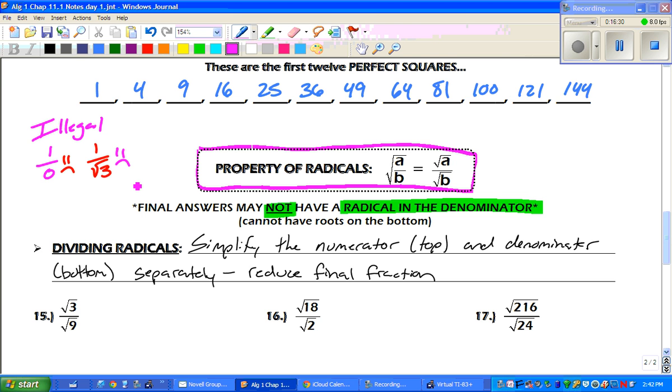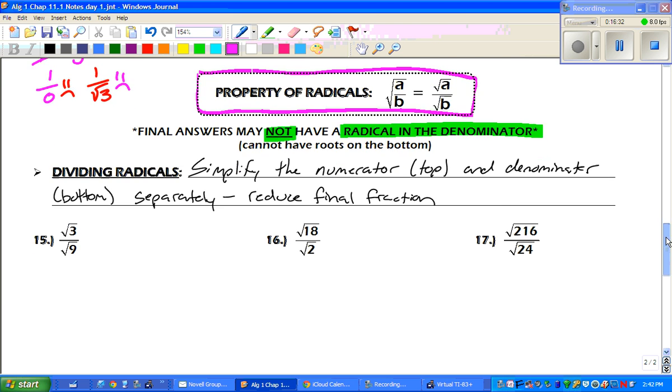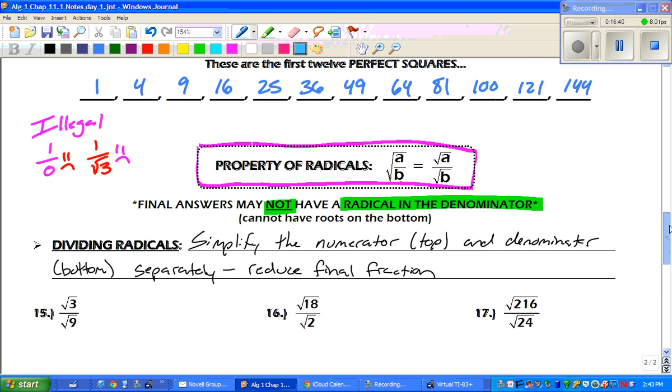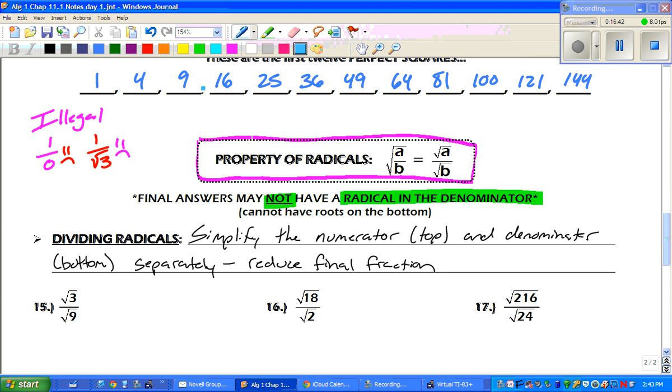Okay, so when you're looking at number 15, can you simplify the top? Are there any of those perfect squares that go in there? You're like, Mr. Grice, one does. Well, technically you can write the square root of 1 times the square root of 3, but the square root of 1 is 1, and you're still pretty much left with the same thing.